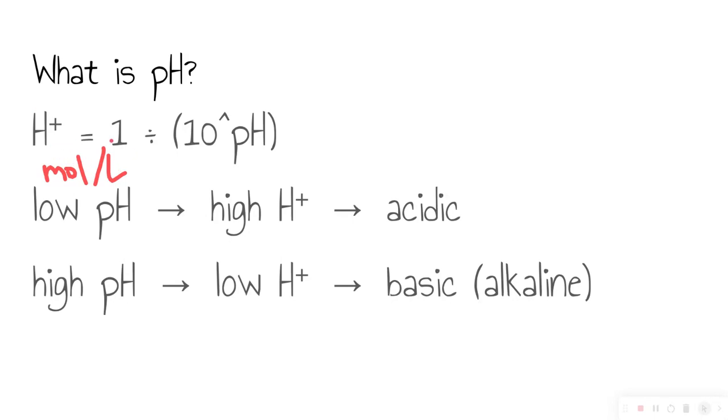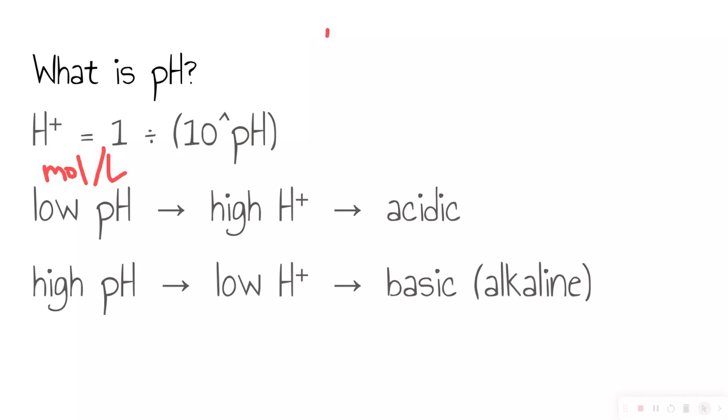If you don't understand what moles per liter is, that's okay. You don't need to know what that means at this point in the course. You just need to know that we're measuring the concentration of hydrogen ions in a solution. All right, so let's look at this equation relating our concentration of hydrogen ions in moles per liter to pH. Hydrogen ion concentration equals 1 over 10 to the power of pH.